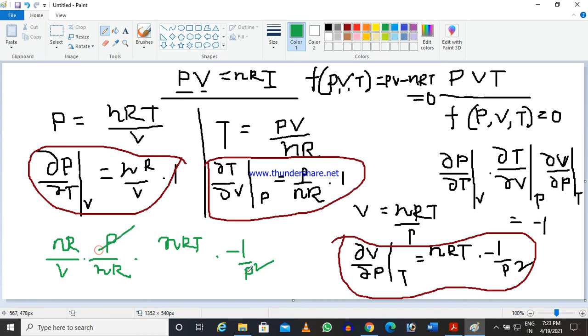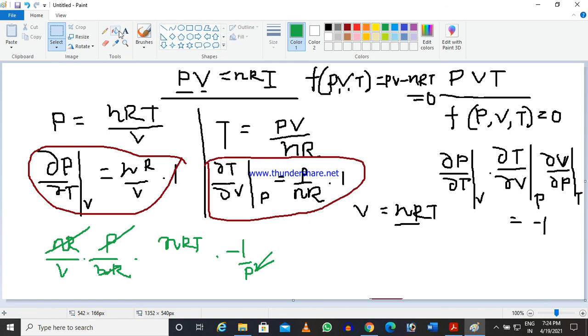So this P and 1 P will be cancelled out, this nR and this nR cancel out. So what I will get finally is nRT by P minus nRT by PV.